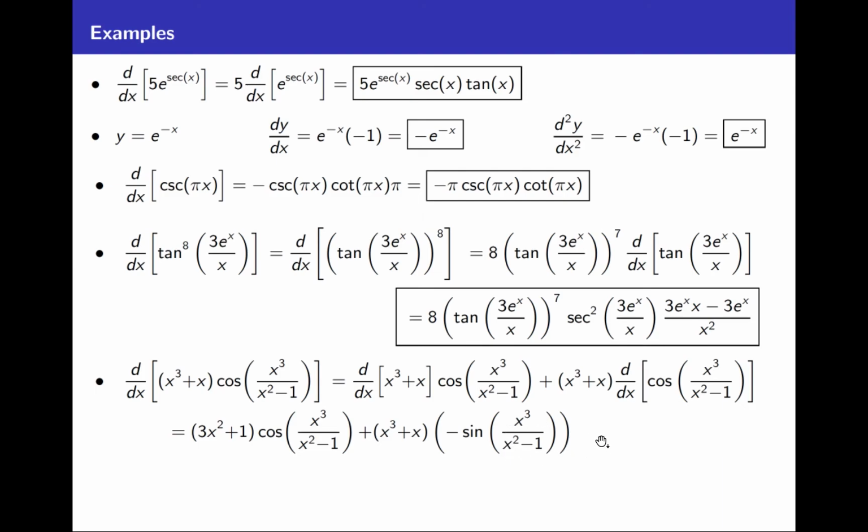And then we have to multiply by the derivative of this inside function, x cubed over x squared minus 1. Now, that inside function is a quotient, so to find its derivative, we have to use the quotient rule. Derivative of top times the bottom minus the top times the derivative of the bottom, all over the bottom squared.